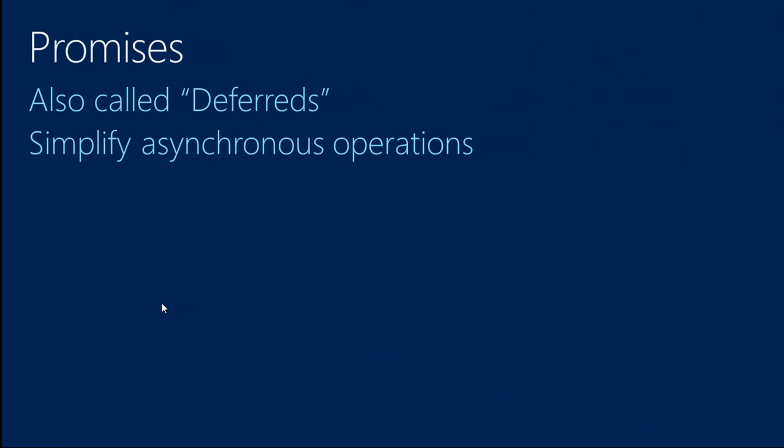If you wrote any client-side object model code in SharePoint 2010, you know that you have to do execute query async, and then you provide success or failure callbacks that get called when that operation is complete. That pattern of asynchronous calls continues into 2013. If you're using the client-side object model in 2013, you're going to do that same exact thing. It's also true if you're calling RESTful endpoints.